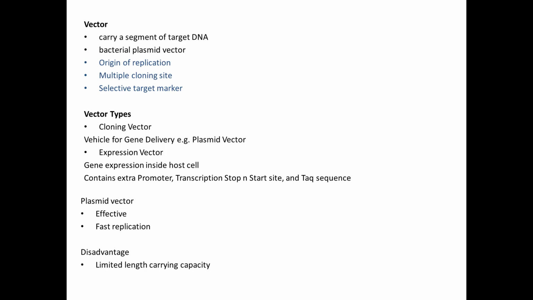If we increase the length, then the plasmid cannot carry the DNA, as the plasmid vector will disintegrate or become unstable. So for larger DNA, we can use the BAC, that's the bacterial artificial chromosome, or the YAC, that is the yeast artificial chromosome.